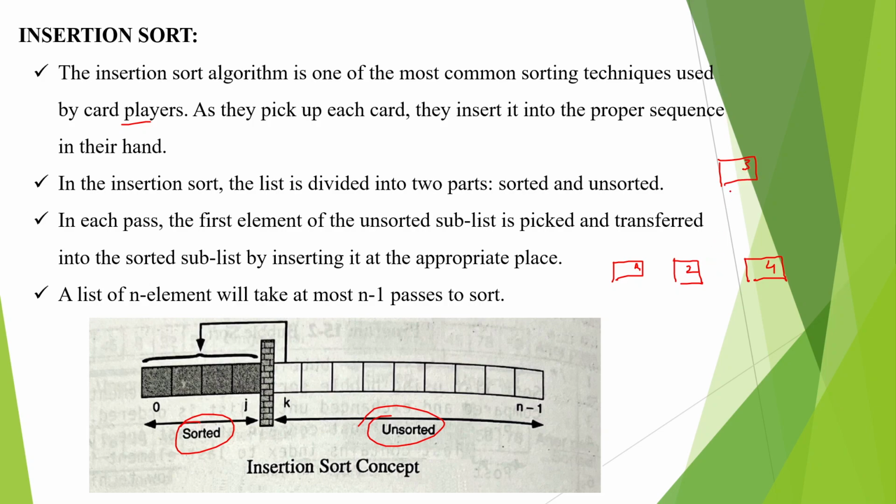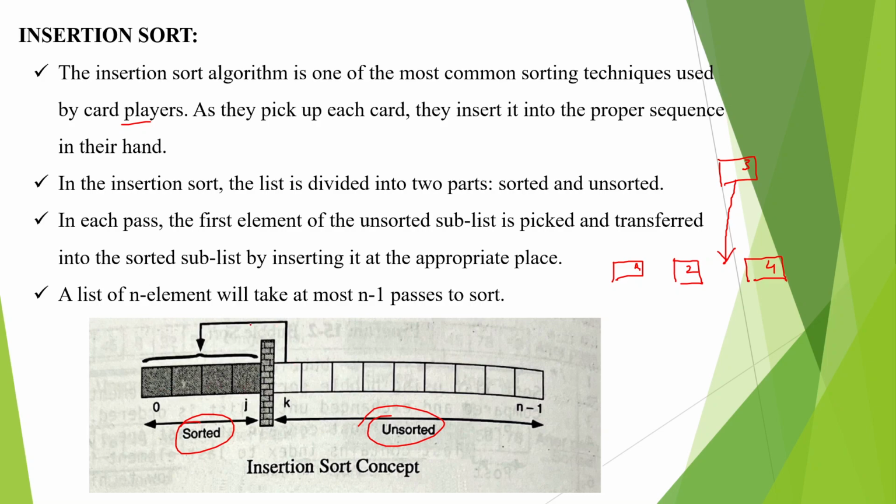Here in this place, you will put it after A, 2, before 4: A, 2, 3, 4. Likewise, we place this 3 card in this location. This is what insertion sort will do. Whenever we pick a particular item from the unsorted list, we check that item and identify where that item will fit perfectly into the sorted list.